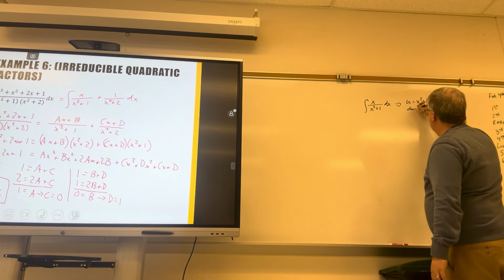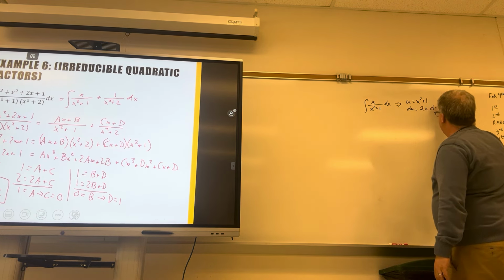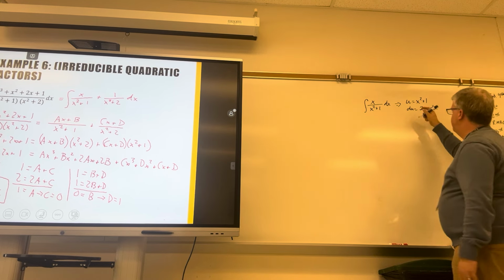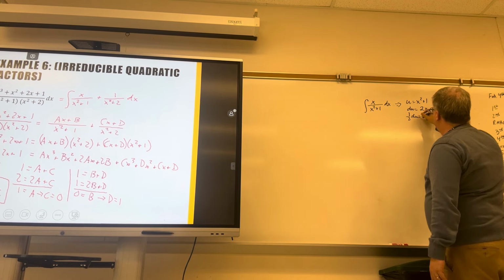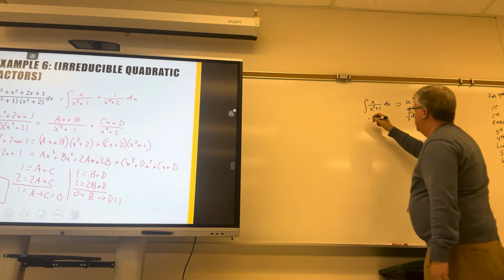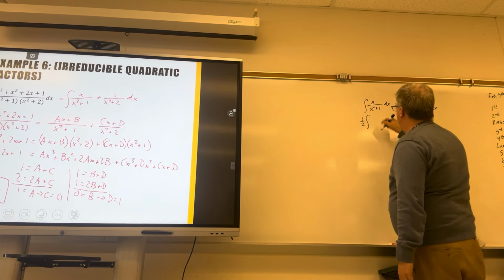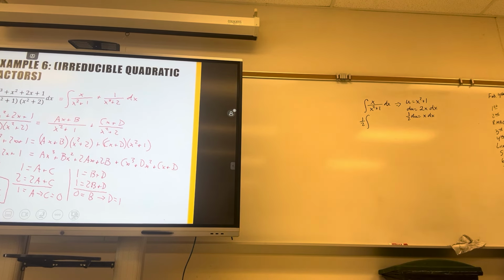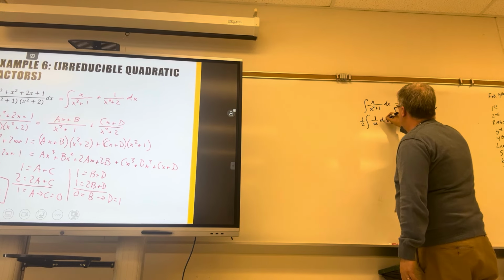That makes du 2x dx. I have x dx, but not the 2. So 1/2 du is x dx. That means this is going to have a 1/2 out front. And then what is this in u form? One over u du. So that's easy.